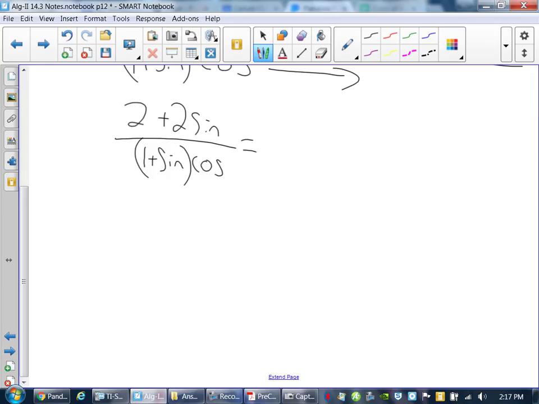You guys are ahead of me by a step or so, but let everybody else catch up here. At this point, notice by not distributing out the denominator, which I recommend not doing until you very, very have to, you kind of had this premonition of what's going on in the numerator. If you factor out the 2 from the numerator, you're left with a 1 plus sine.